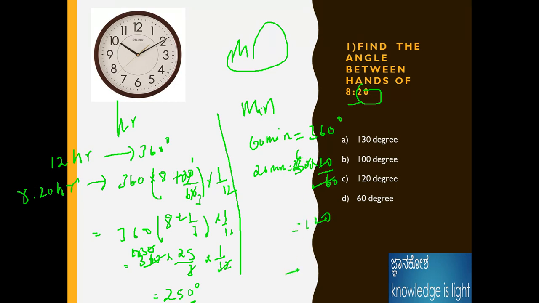Therefore, for the answer we need to subtract 250 minus 120. This is the first method I am taking. The answer is 130 degrees. The angle between 8 and 20, this is the 8 and this is the 20, right? 8:20 is 130 degrees. Either we can solve it by another method also.